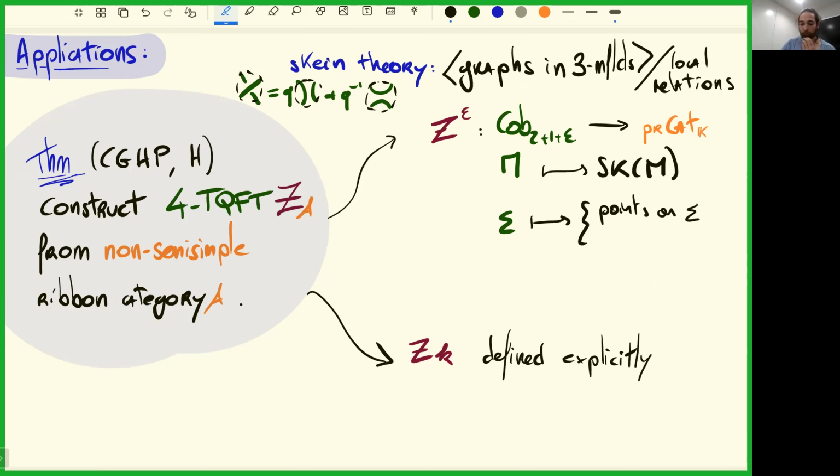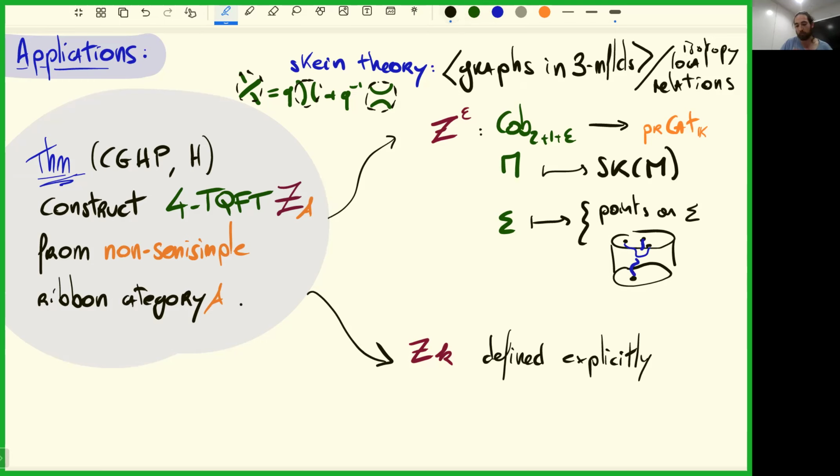But to encode relations, I also need a bit more data at the level of the surface. All of these things are also considered modulo isotopy. I should have some isotopy that pushes things from my first three manifold into my second three manifold through my surface. So if I have two collections of points on my surface, I need to remember how a graph can link these two things.